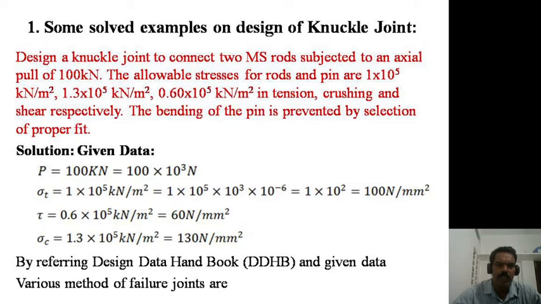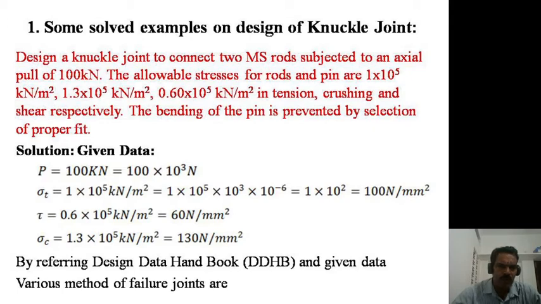We have to convert it into Newton per mm square, so multiply by 10 to the power of -6. After simplifying, you get 1 into 10 square, that is 100 Newton per mm square. That is the tensile stress of the rod.